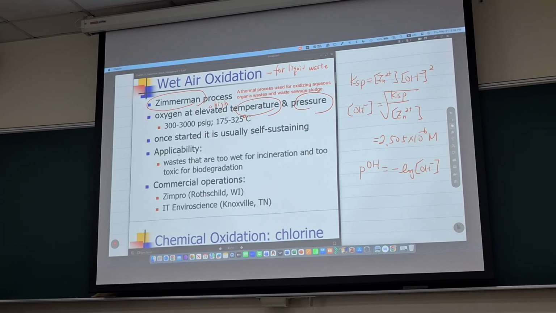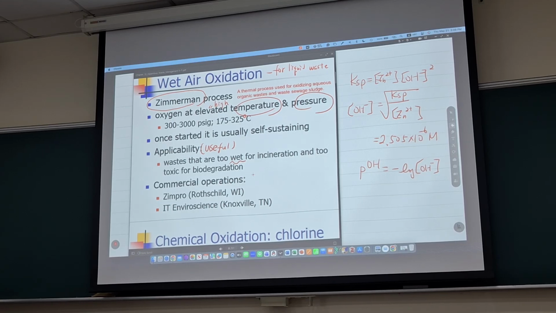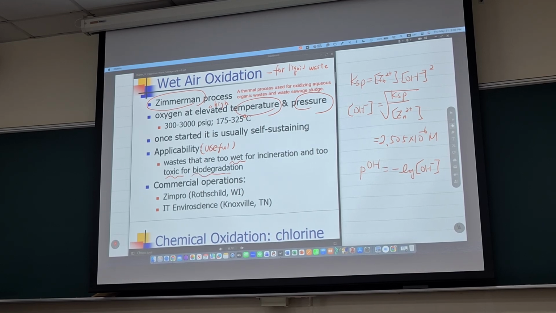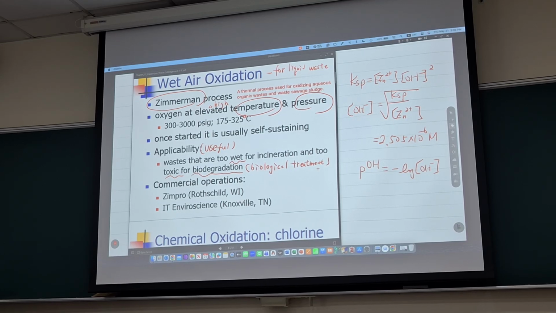It's applicable, which means this is useful, for wet waste, or waste that is too toxic for biodegradation, which means too toxic for biological treatment. Too toxic that you might also kill those bacteria.